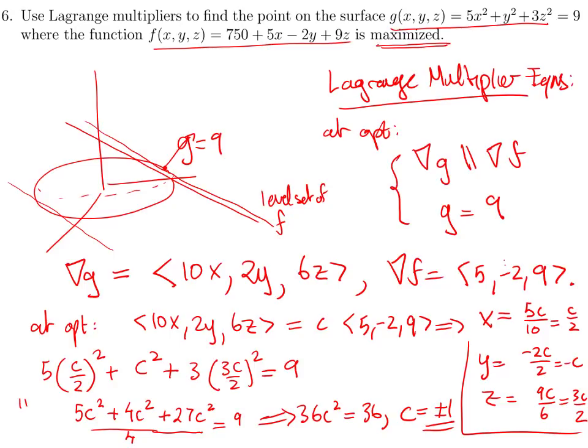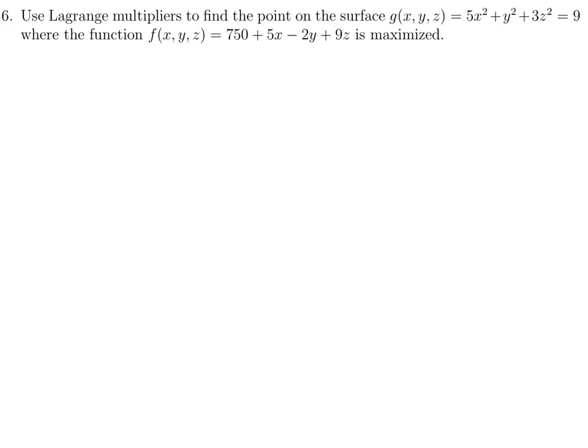I just have to check which, and to figure out which one's the maximum, I just have to evaluate the function. So my candidate points, I have two candidate points, the points are plus or minus a half. Oops, sorry.